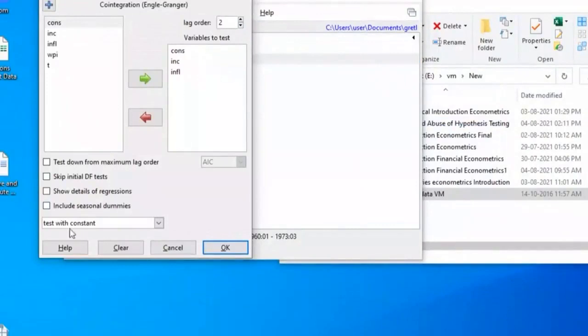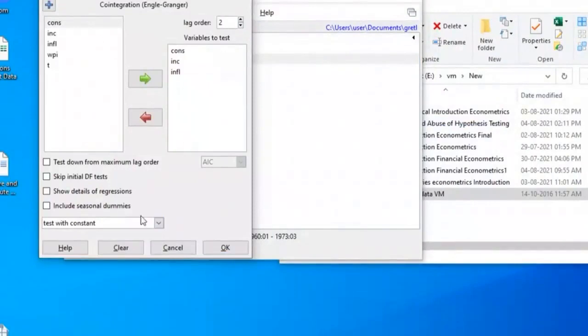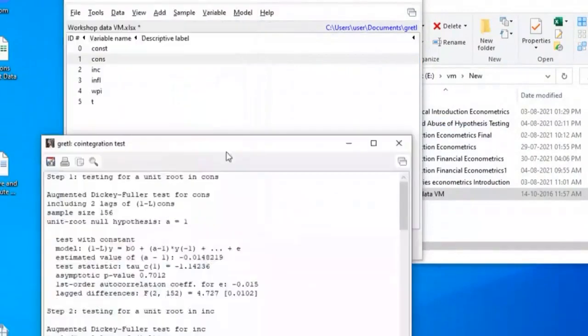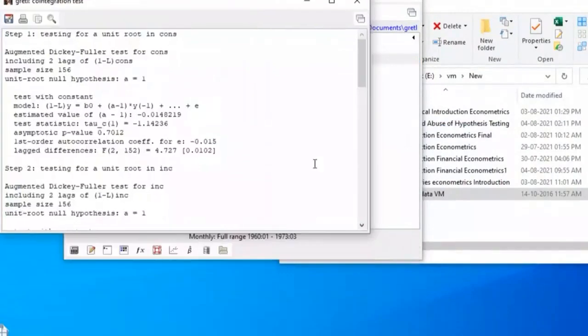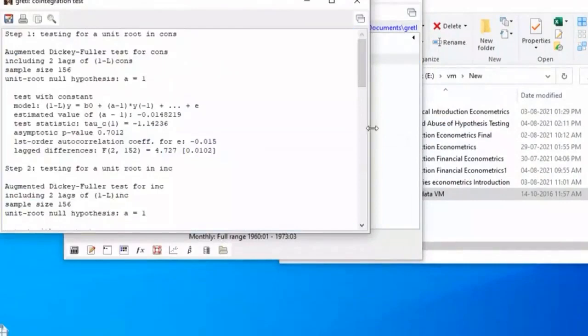And the variables to test. So we are testing with a constant. All other options are available here, but we are not going with that. We are testing with a constant. And then we click OK. And here what Gretl does is it will test the unit root of all the variables.